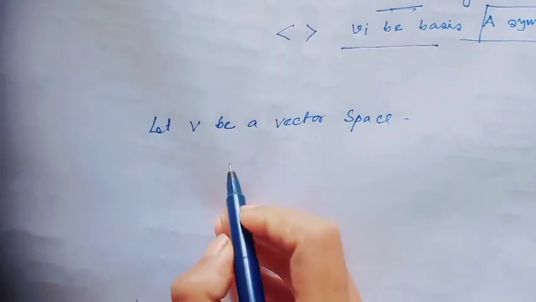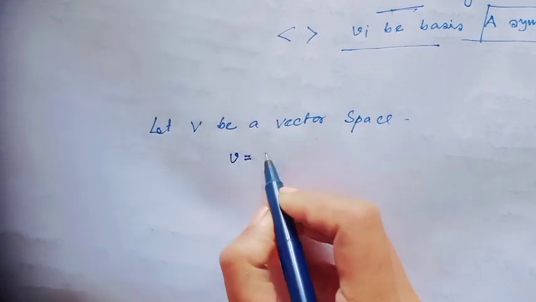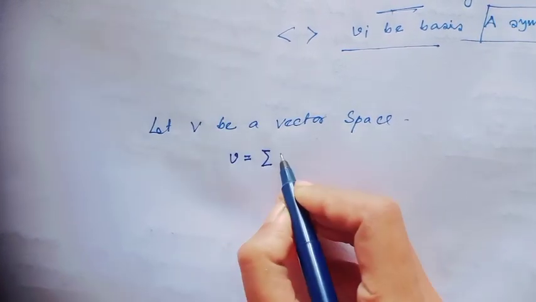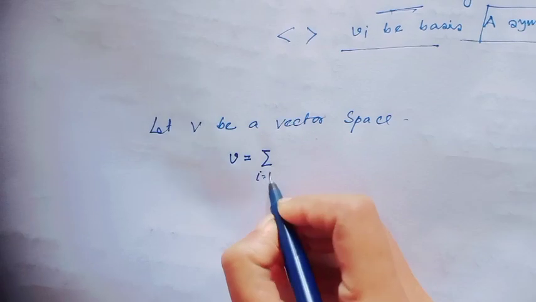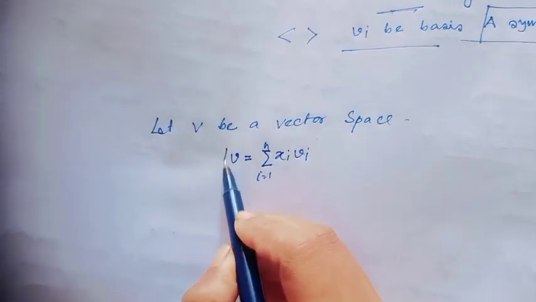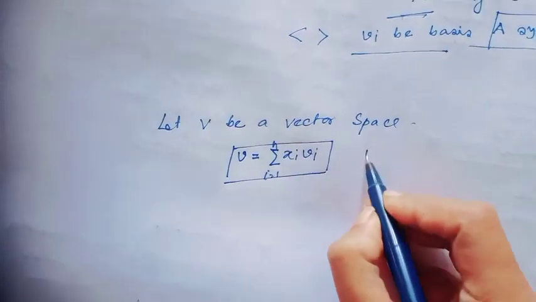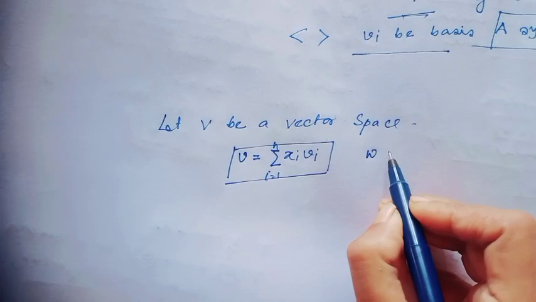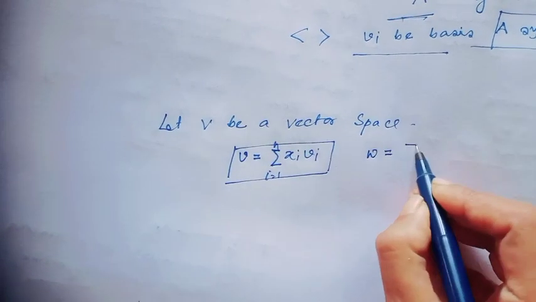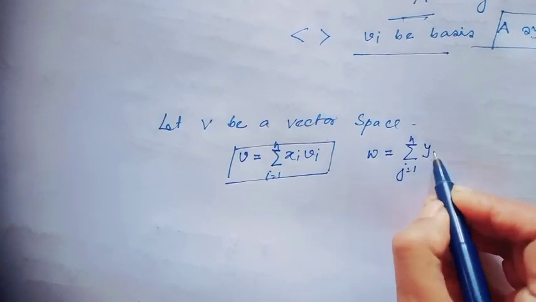Consider V a vector space and any arbitrary vector v written as the summation i = 1 to n of xi vi, meaning any arbitrary vector written as a combination of basis vectors. Also consider another arbitrary vector w = summation j = 1 to n of yj vj.